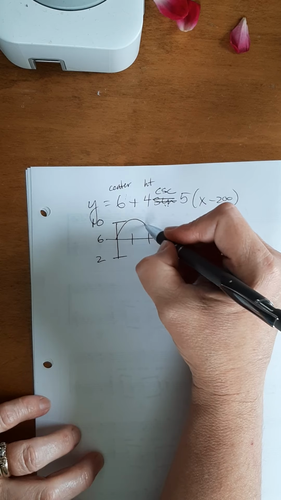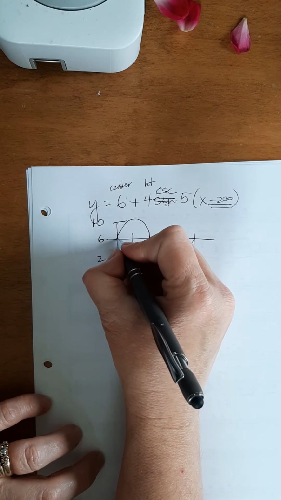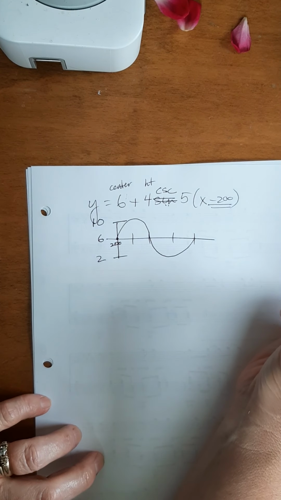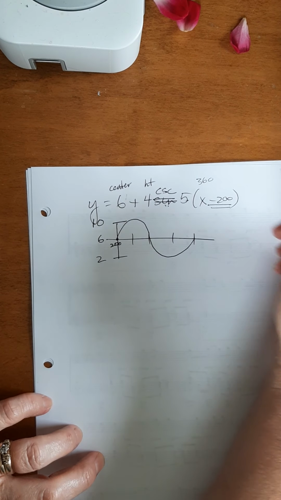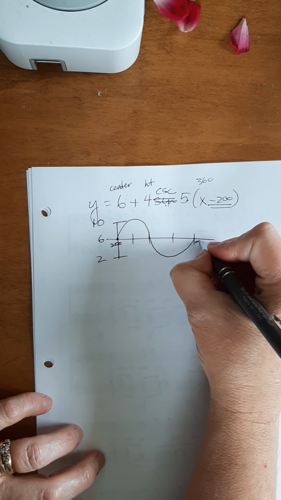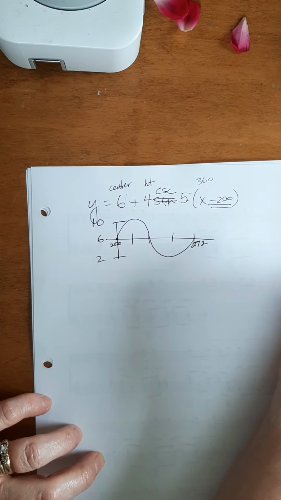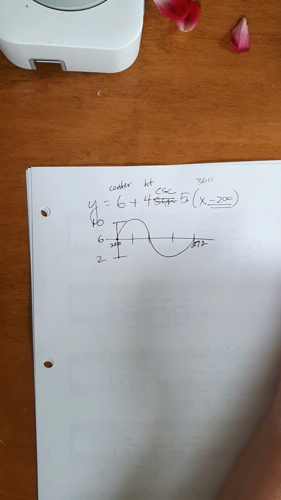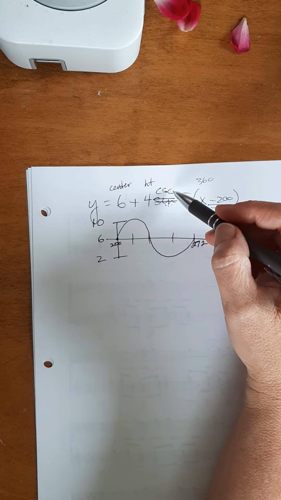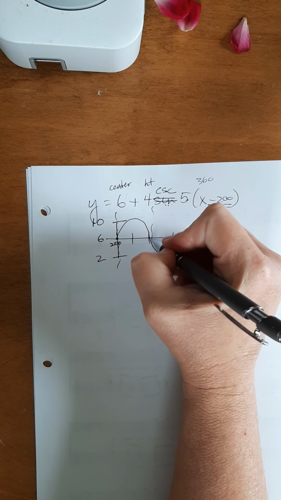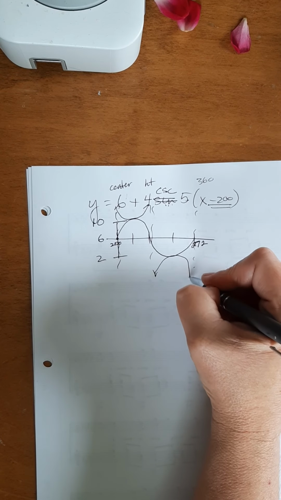Sine curve, negative 200, so starts at positive 200. There's 5 curves in 360 degrees. So 5 into 360, 72. So 200 plus 72, 272. And that's it as far as for sine. Now to make it cosecant, zeros become asymptotes. Flip, flip.